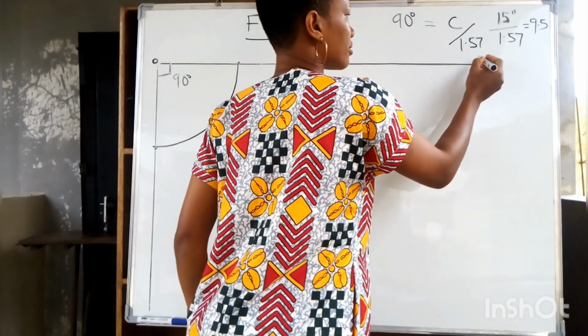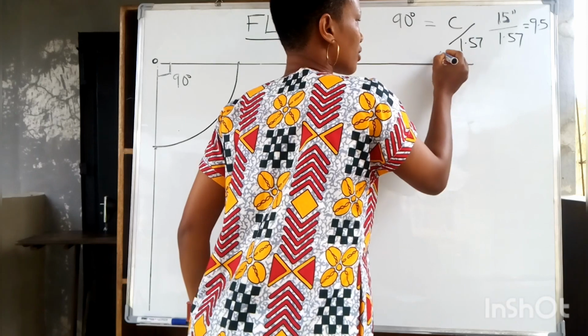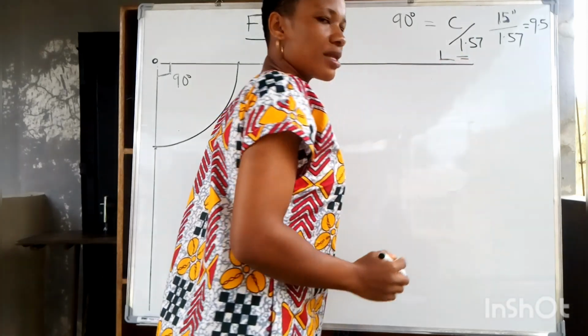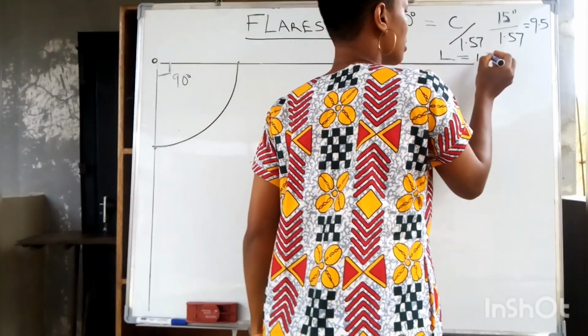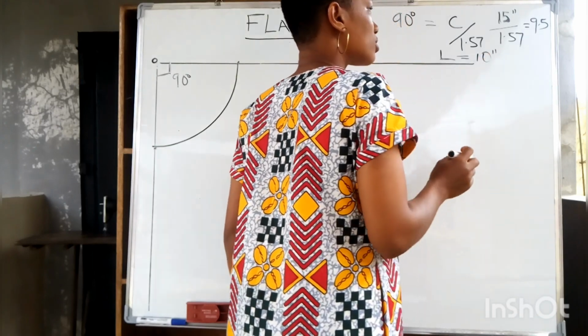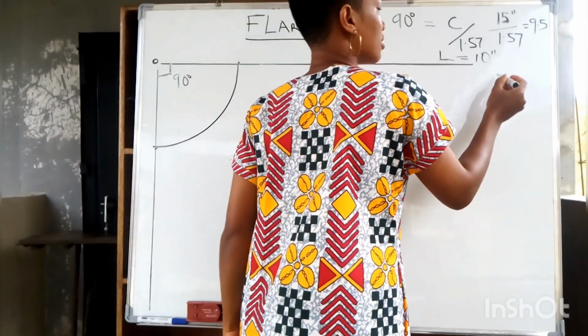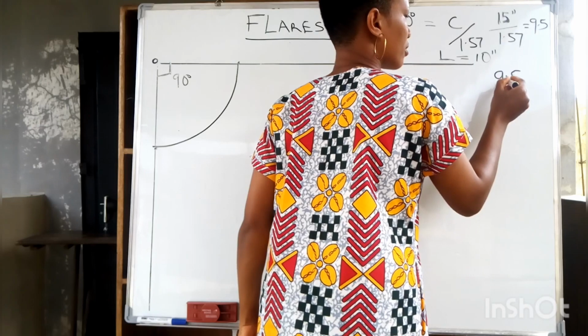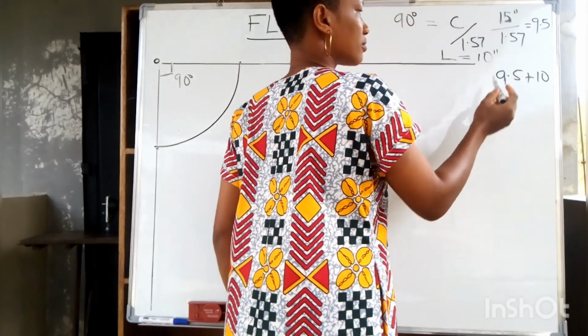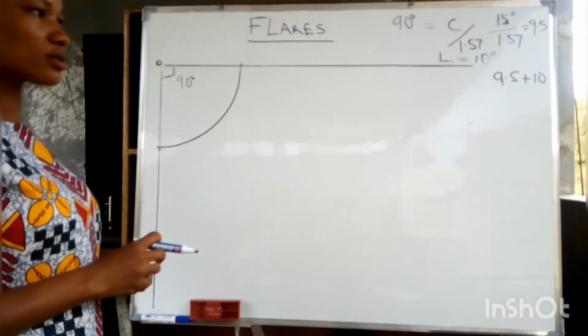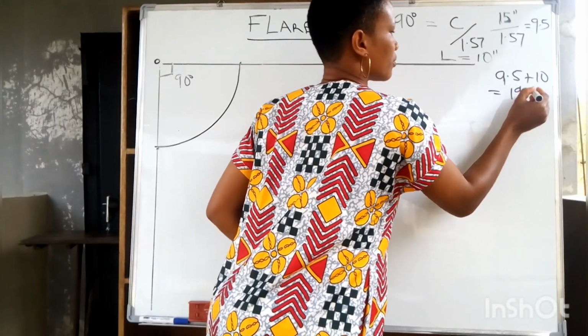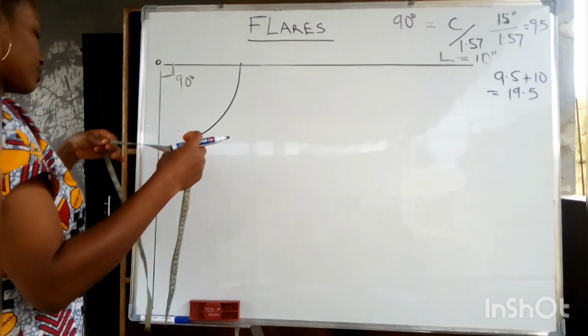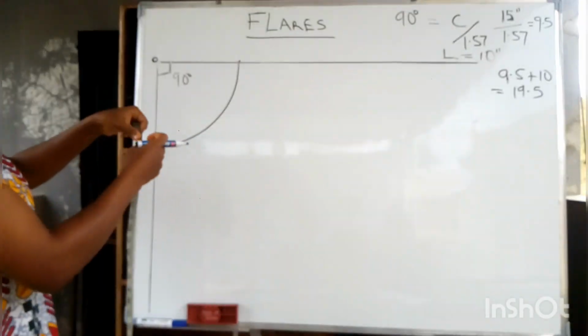After marking this 9.5, what you need more is the length of your flare. The length of your flare that I'm using for this illustration is 10 inches. So now that we have 10 inches as the length of the flare and the radius is 9.5, all you need to do is to add 9.5 to 10 inches and it will give you 19.5 inches.